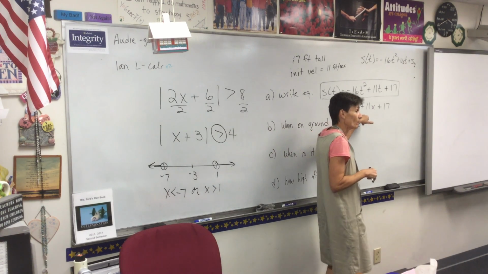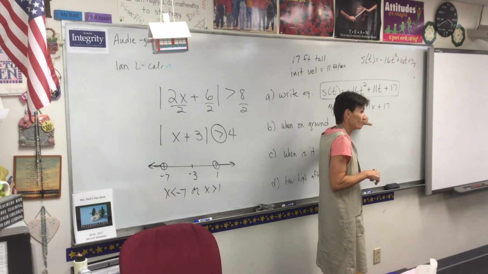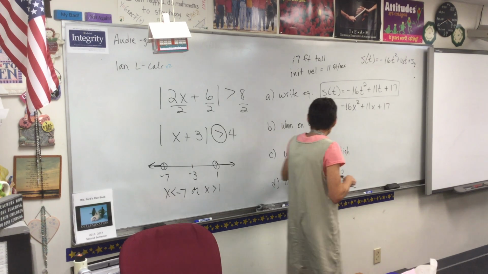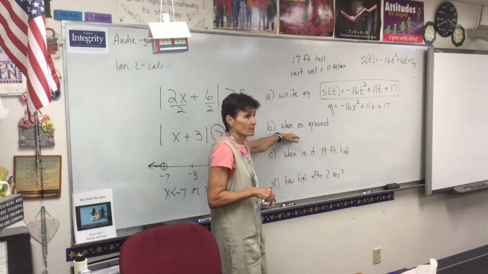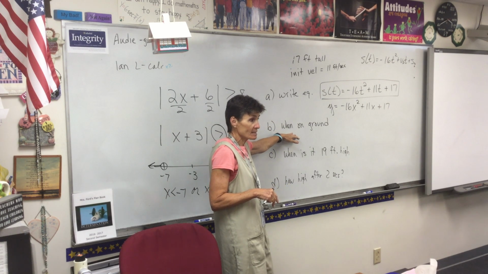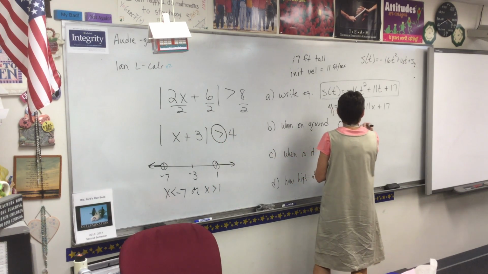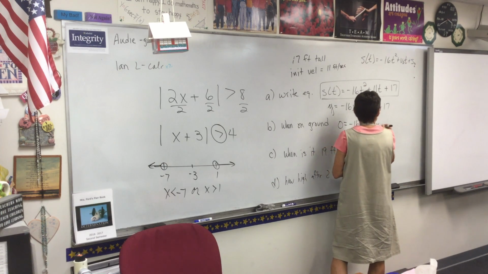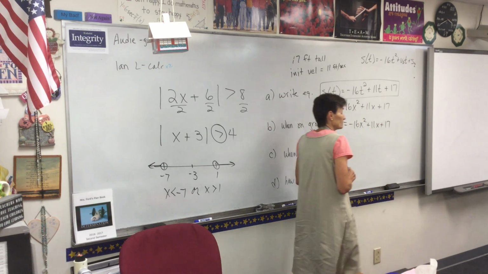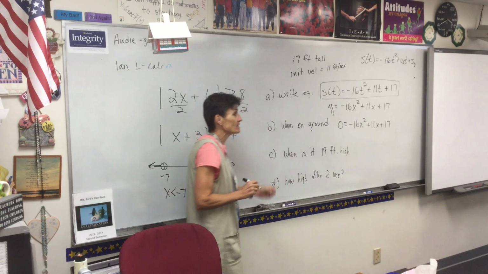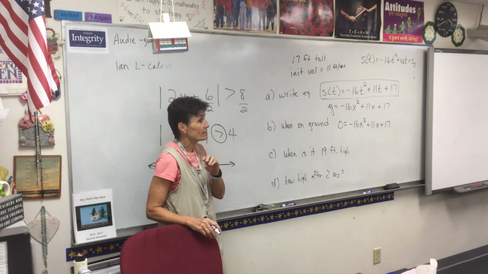If you're plugging it in for x, it's a time. So, when is the ball on the ground? That means the height is 0. So I'm going to put a 0 in for the y. If it is on the ground, its height is 0.